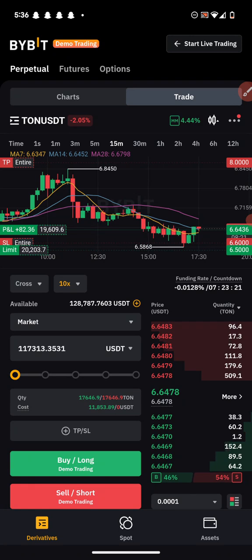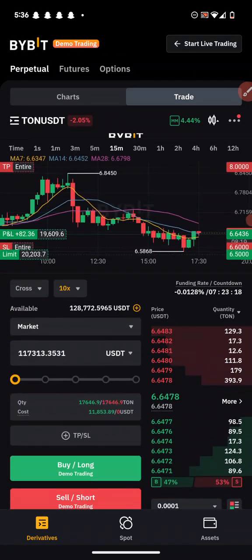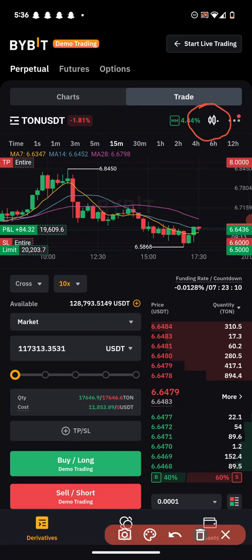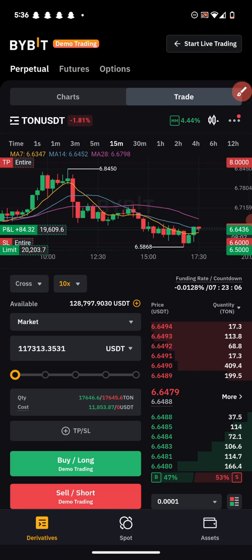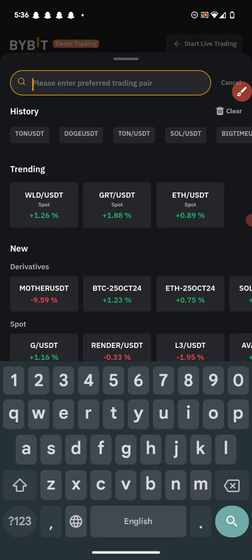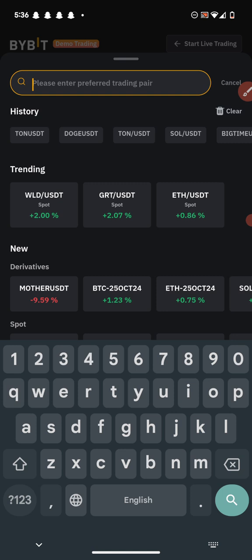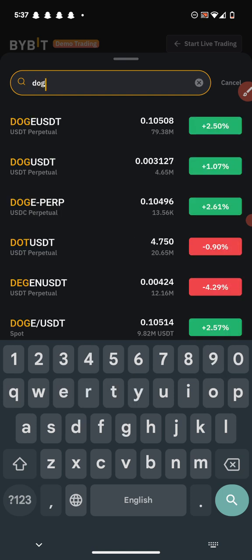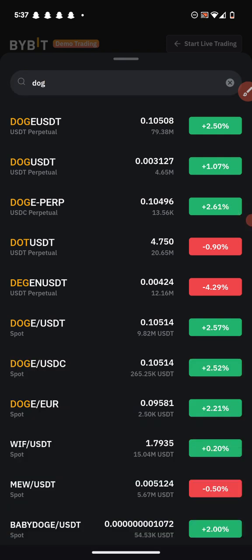If you want to trade futures, like I said, if a signal is given to you and they said you should go and find a particular coin, where you are going to come to is here. You click on this TON USDT that you see here. Once you click on it, you search for the coin. Take for instance, you are given Doge, then you select Doge USDT.